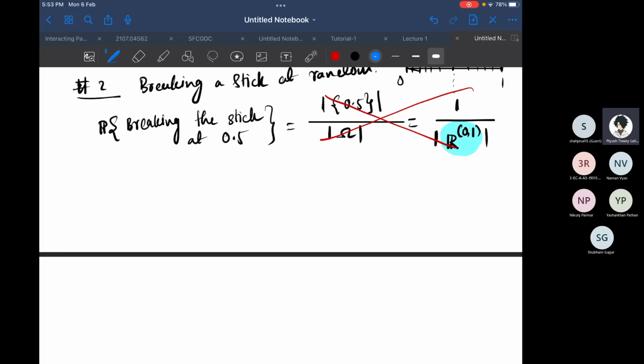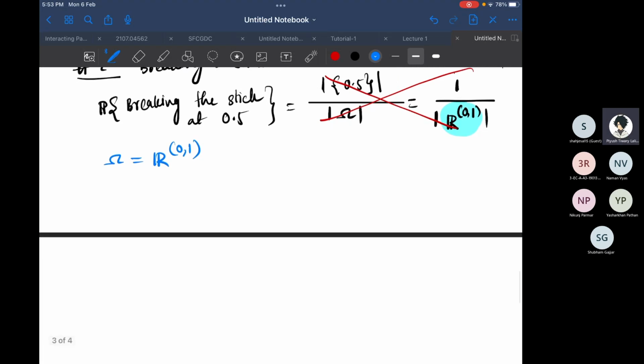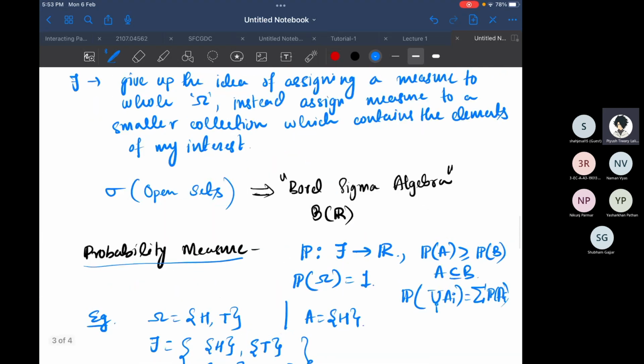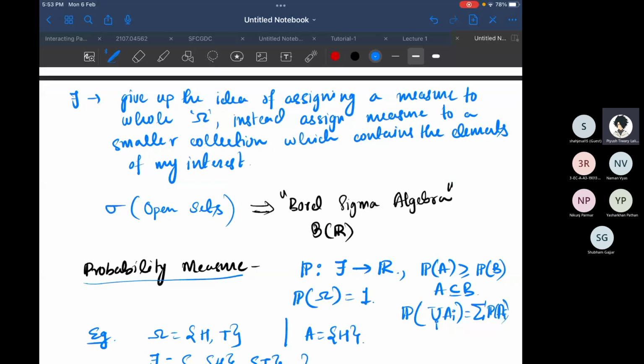So let's see what is given to us. We know that omega in this case is what? R01, this we already know. Now I have to come up with a sigma field. For now, just take my word for it.